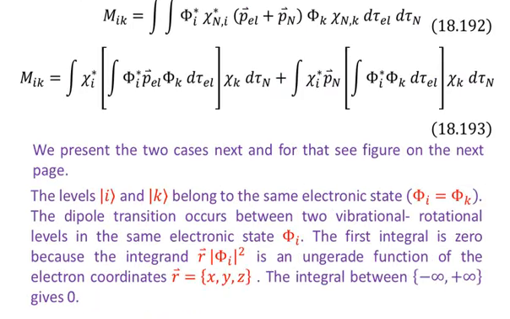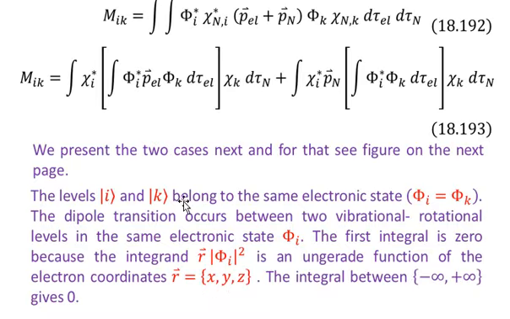It becomes r times |phi_i| squared, and this r, which comes from the dipole moment, is a function of x, y, z.